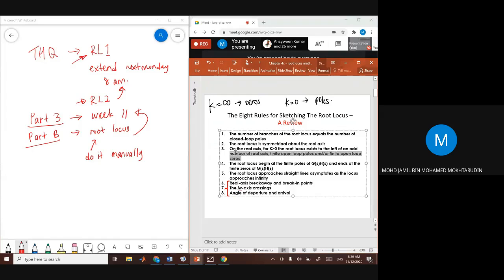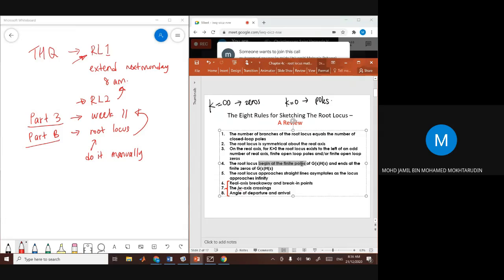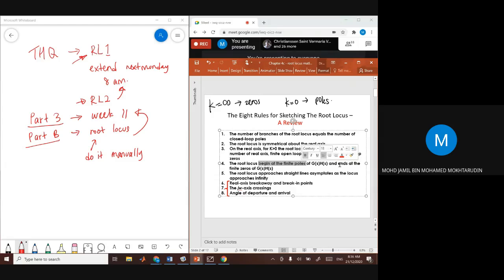I don't know how to explain this rule, but when we sketch the root locus later, this rule will come in handy. Okay. So rule number 4 is the root locus always starts at poles and then ends at zeros. Okay, always start with poles.